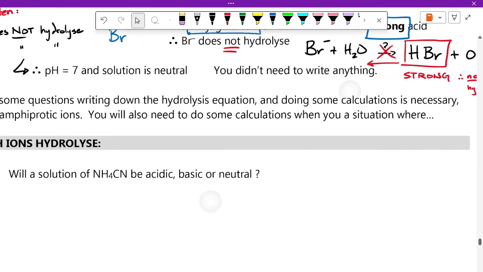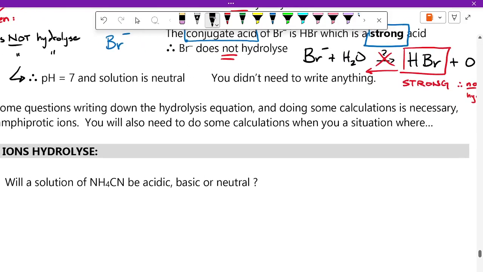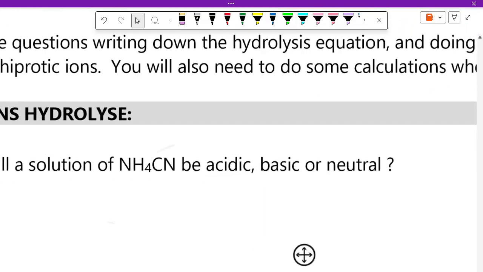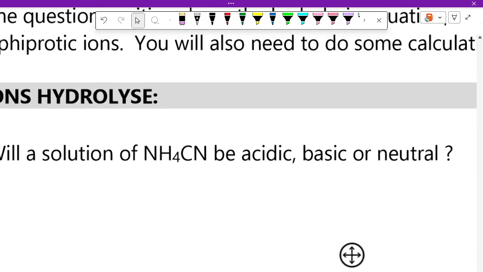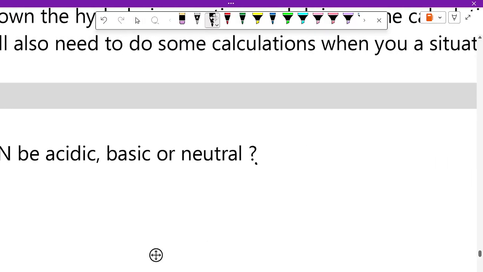Now, for example 11, I'm going to add something in here. Will a solution of NH4CN be acidic, basic, or neutral? Justify your answer with calculations.